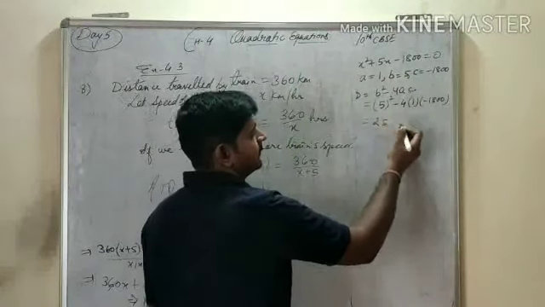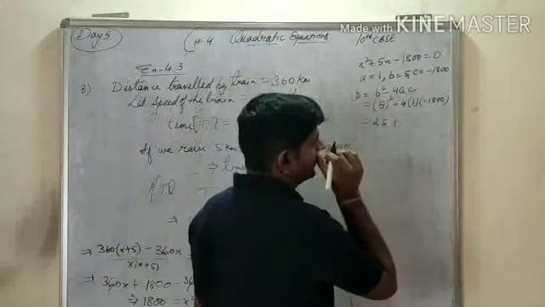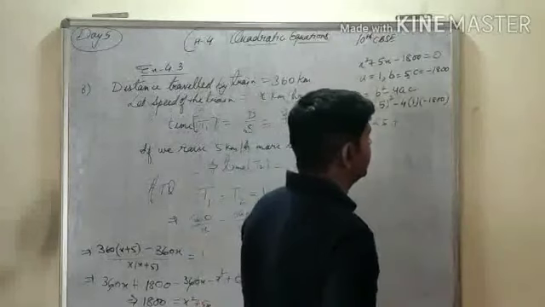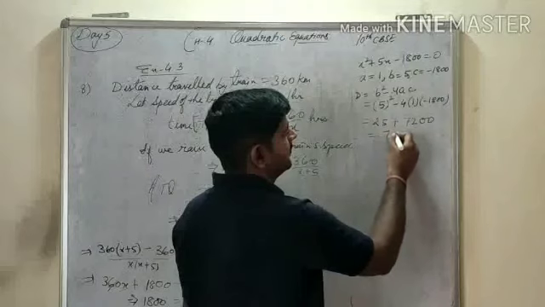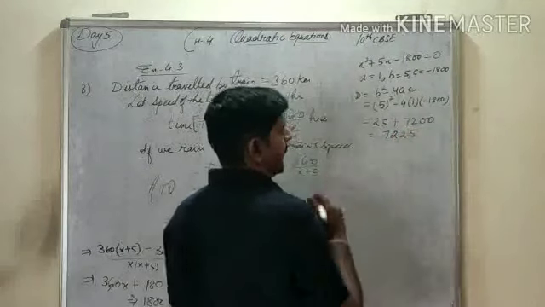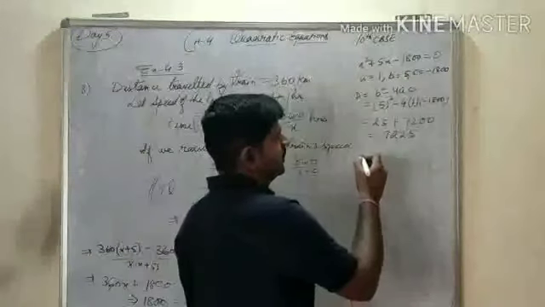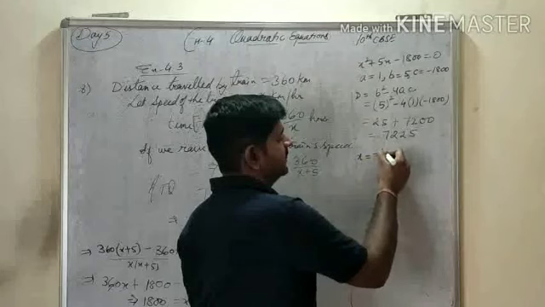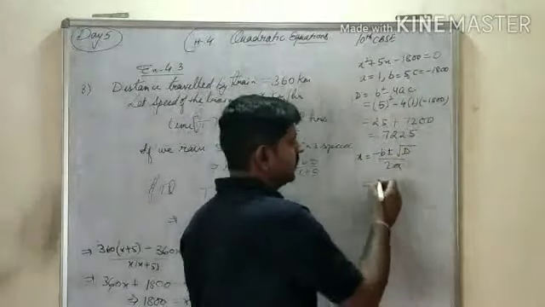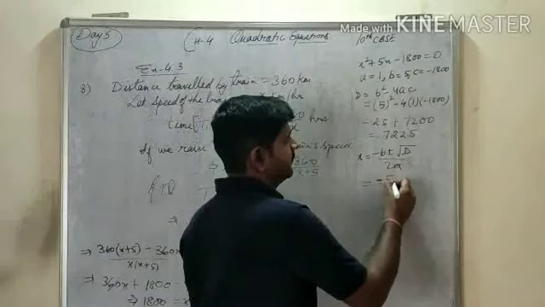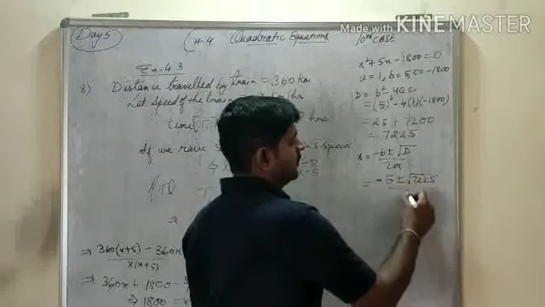Minus minus is plus, and 18 twos are 36 and 4s are 72. So we got 7225. We will find its square root. Let's apply the formula, minus b plus minus square root of D upon 2a. So minus 5 plus minus root 7225 upon 2 into 1.